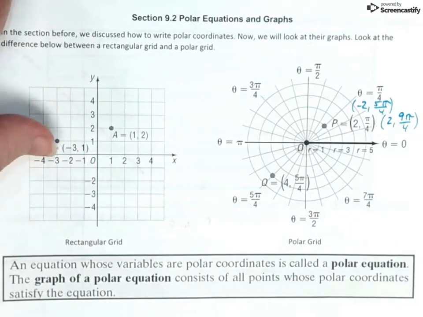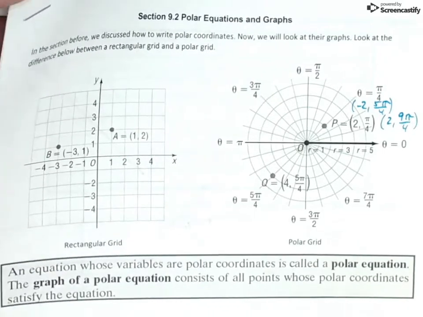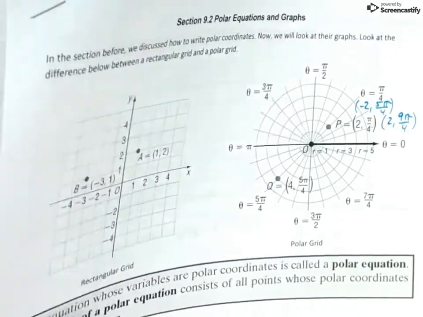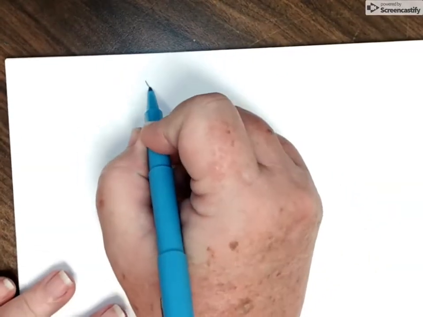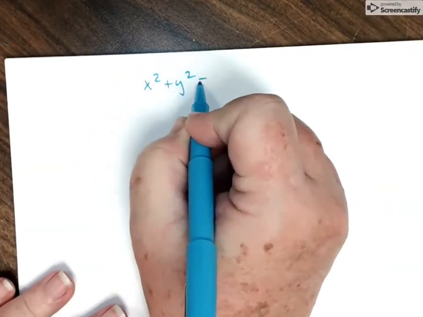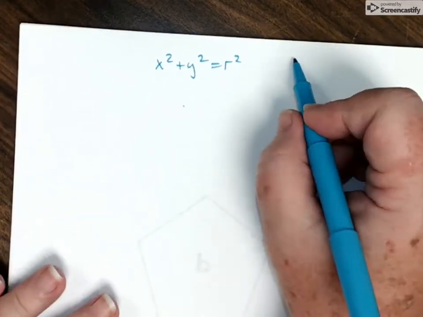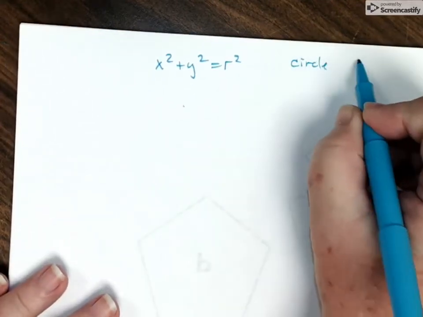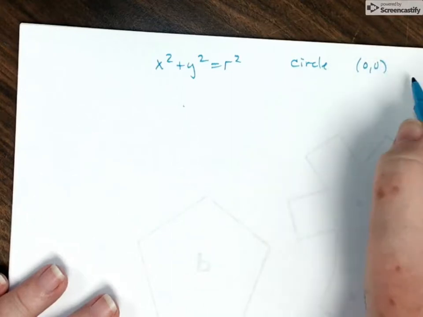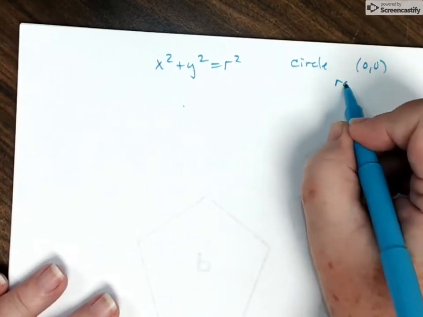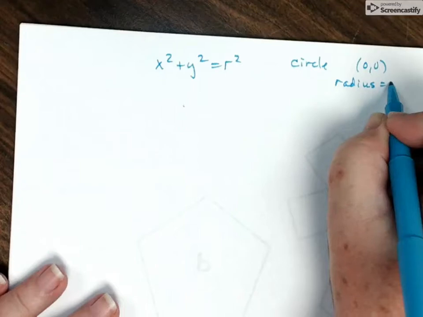The first thing I want you to think about is when we were working in Algebra 2 on this equation, we had x squared plus y squared equals r squared. And that's the equation of a circle with its center at 0, 0, and a radius of r.